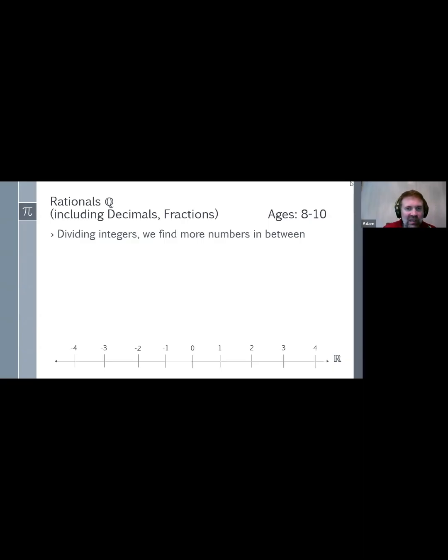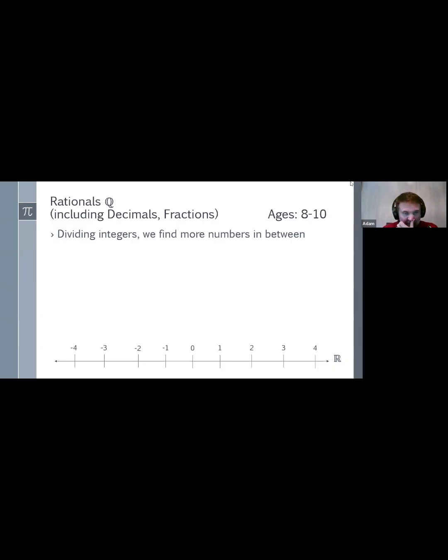We can divide integers. If you have 2 divided by 2, you get 1. That's easy. But what about dividing 1 by 2? How can you take something whole and divide it up?